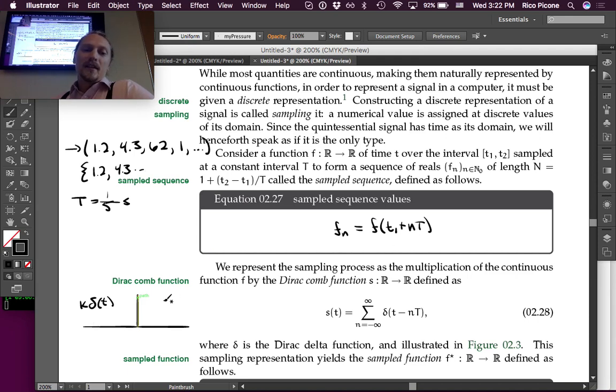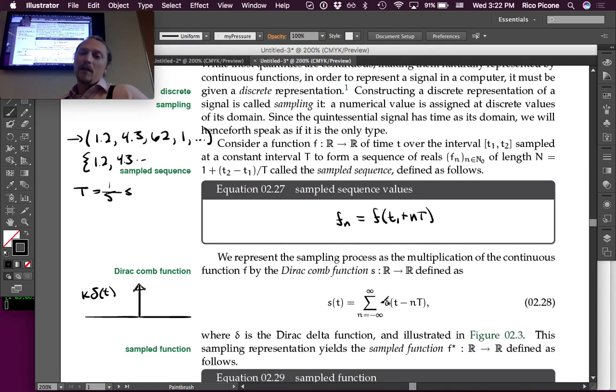In any case, for a Dirac delta, we often draw an arrow because it's an infinitely high spike at time equals 0. What this is a sum of: when n equals 0, this is just the Dirac delta function.